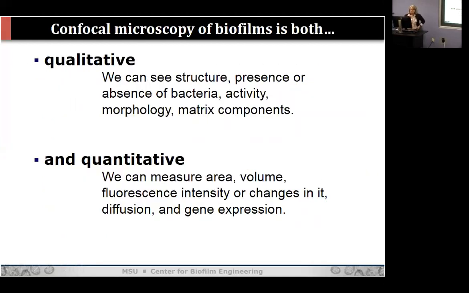So I would say confocal microscopy is qualitative and quantitative. You can see it, we can measure it. Gene expression, fluorescence intensity, growth, accumulation, removal, different components, matrix components.